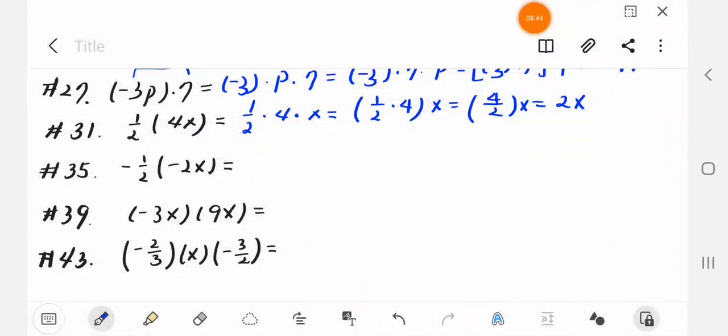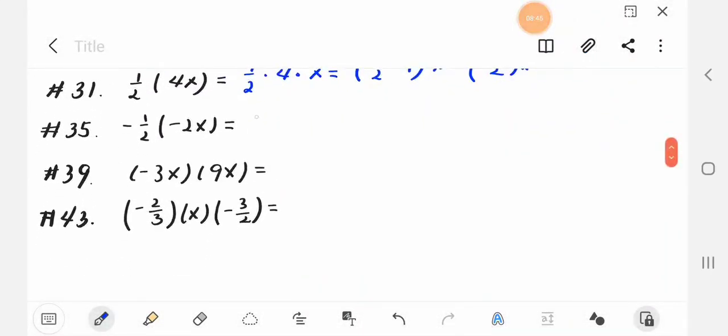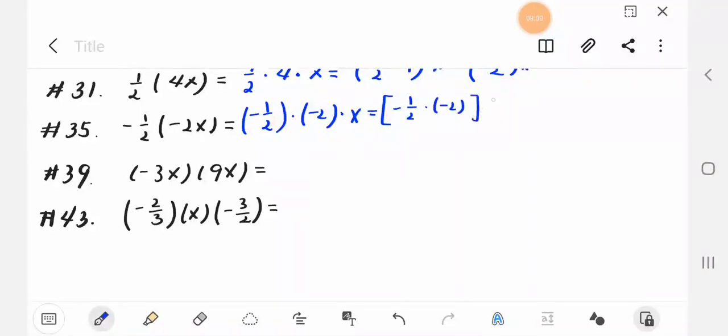Okay, number 35. Let's write it separated: negative 1 over 2 times negative 2 times x. Then you can put the numbers together: negative 1 over 2 times negative 2, times x. And inside this bracket, negative 1 over 2 and negative 2 are what? They are reciprocals of each other.